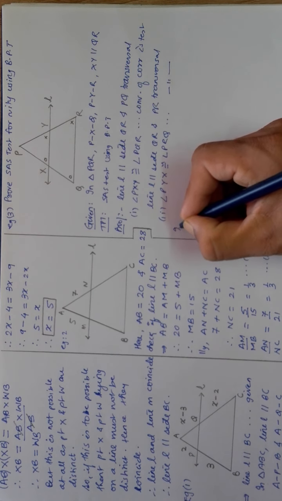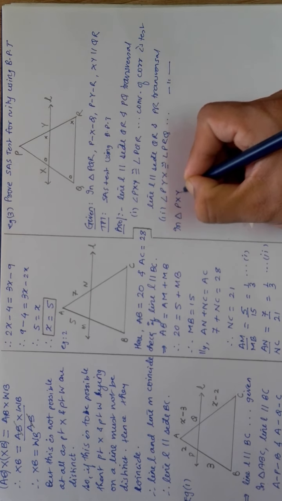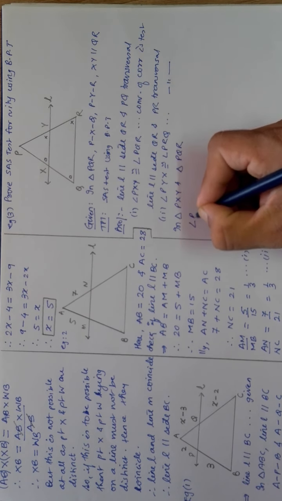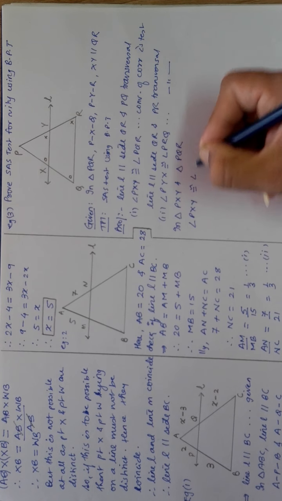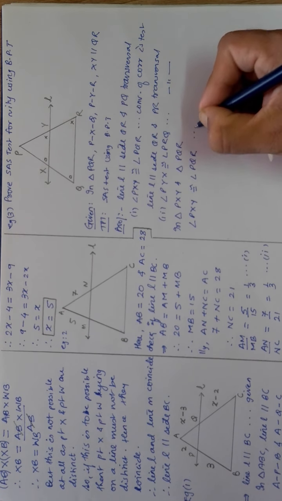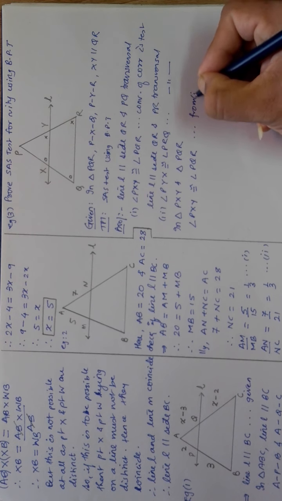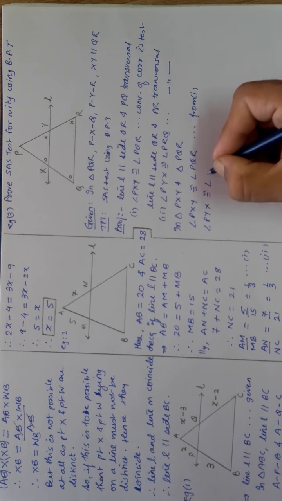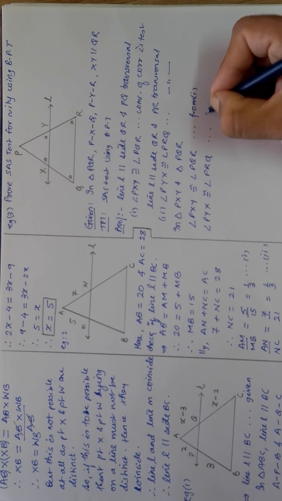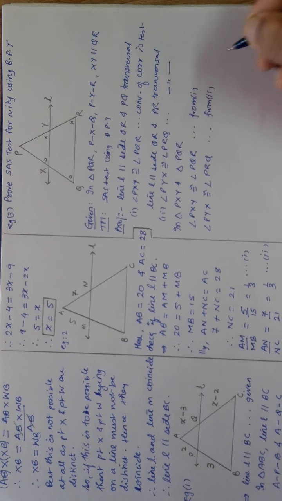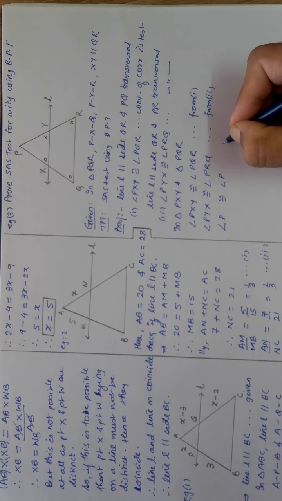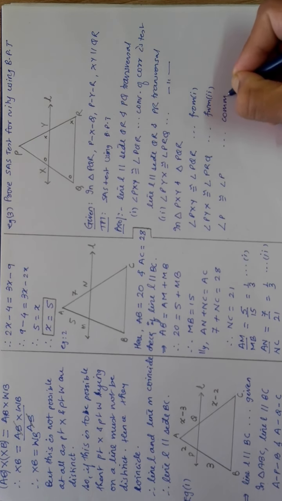So now when I take these two triangles, that is in triangle PXY and triangle PQR, I get here angle PXY is congruent to angle PQR. Agreed? This has come from first. Then I got angle PYX congruent to angle PRQ. This is from second. Agreed? Okay. Now I also have angle P, which is common for both, which is common angle or same angle.